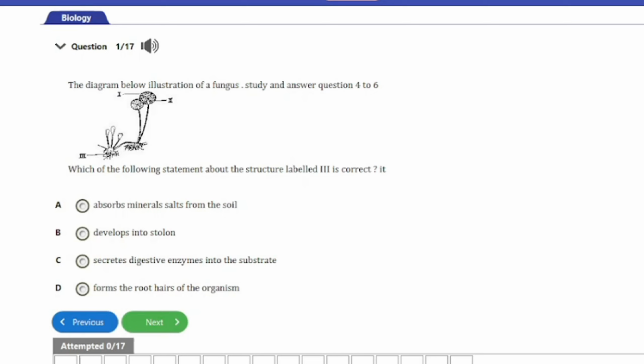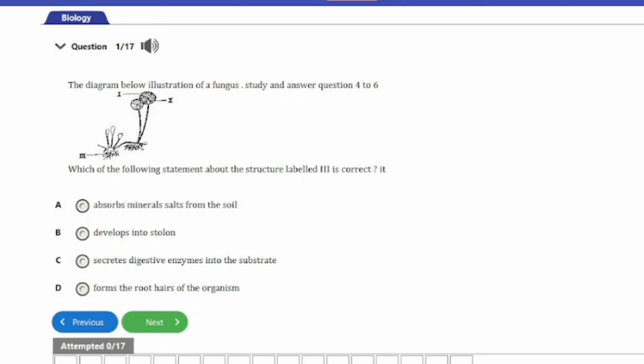We have a diagram here and it says, the diagram below is an illustration of a fungus. Study and answer questions 4 to 6. Which of the following statements about the structure labeled III is correct? A. Absorbs mineral salts from the soil. B. Develops into stolon.